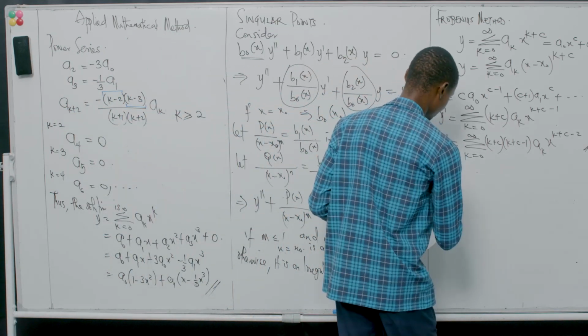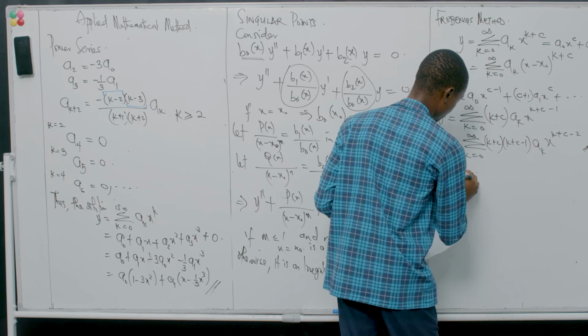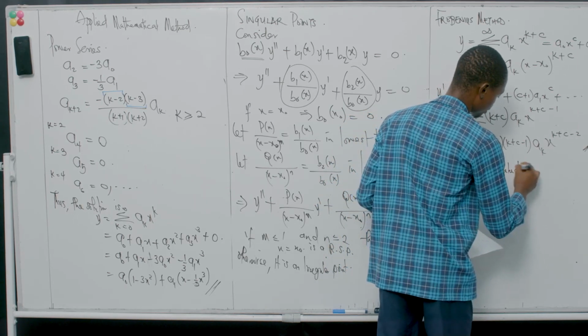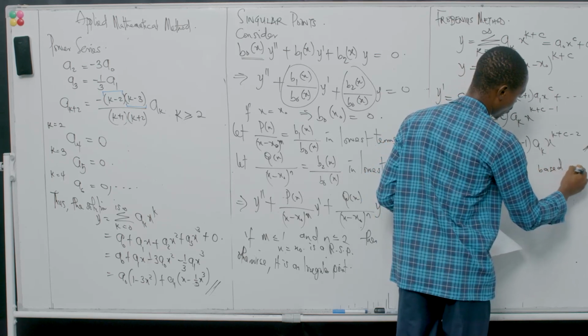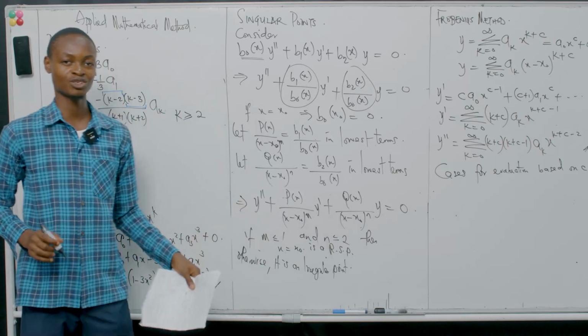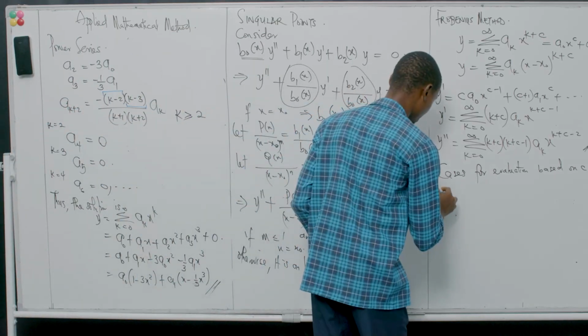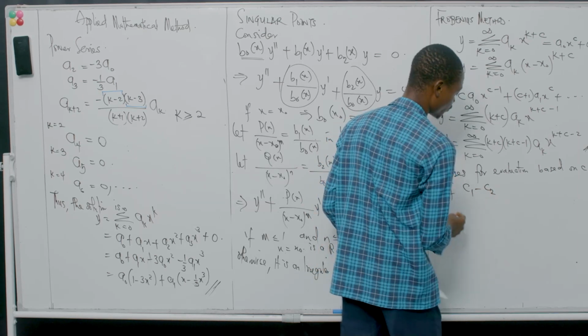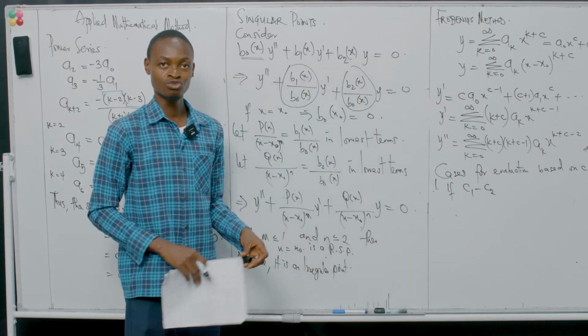There are different cases for evaluation based on c, right? And these are the different cases for the Frobenius method. The first case tells you that if you subtract the two values, obviously, we would have two values.